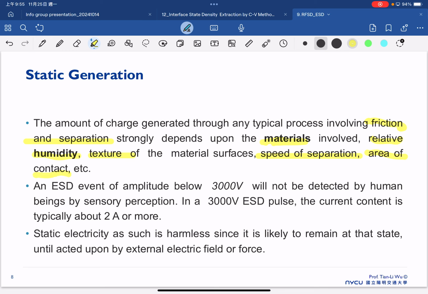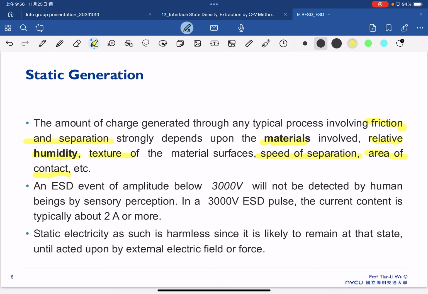So anyhow, the charge generated depends on lots of factors, but it highly depends on materials, humidity, the texture, the speed of separation, and area of contact. I think these fit our living experience in daily life.